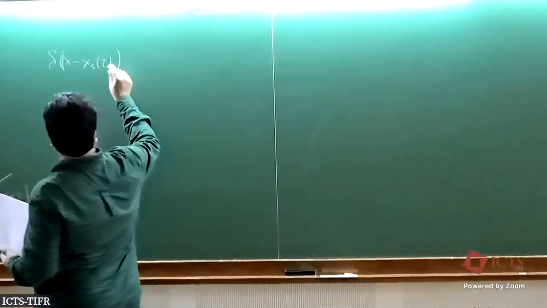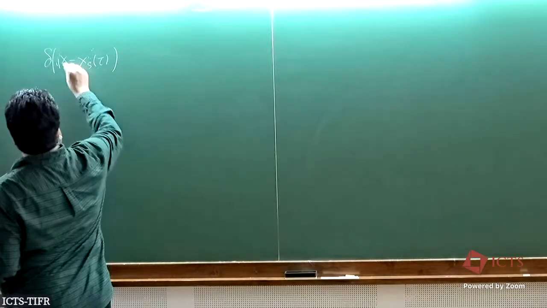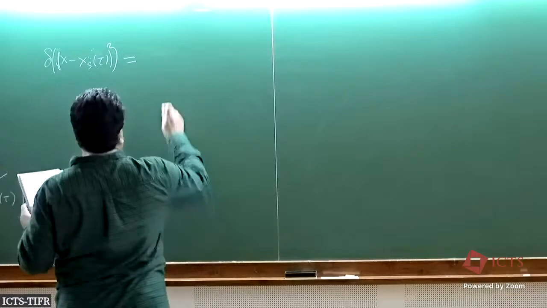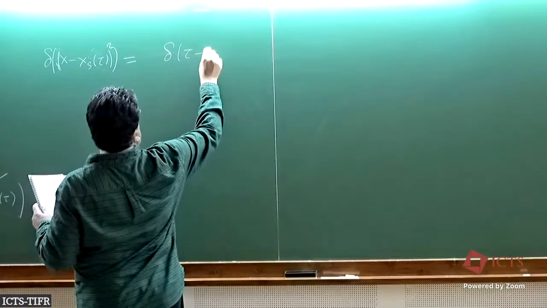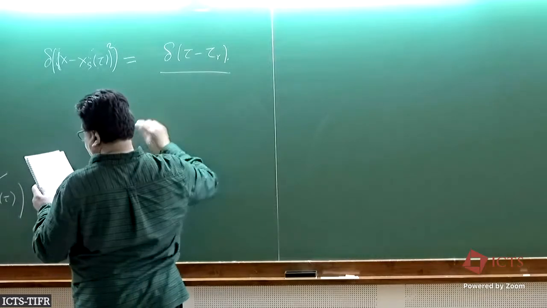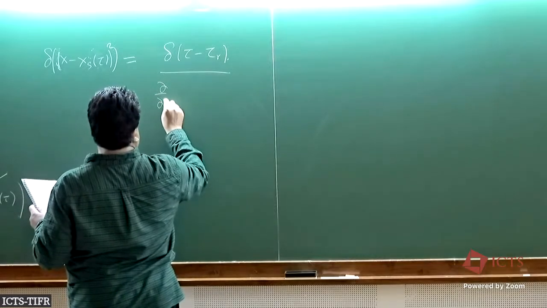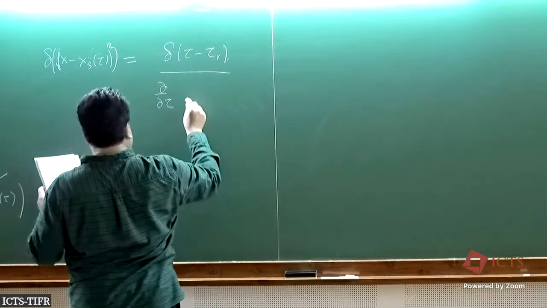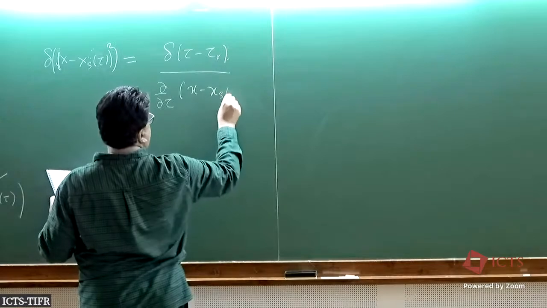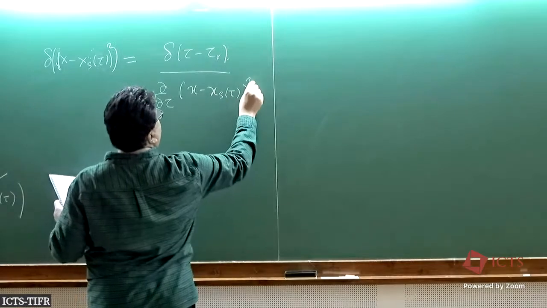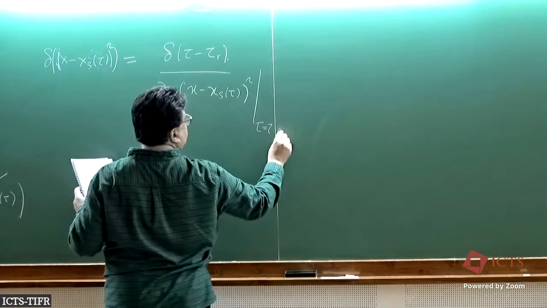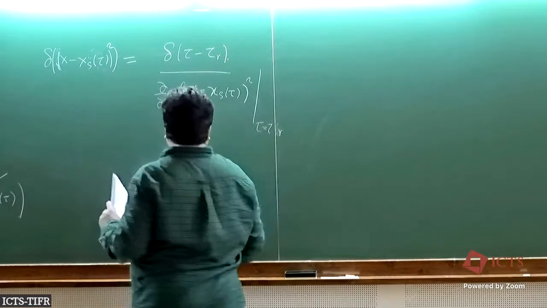So this is now delta of t minus t_r, I'll tell you what is t_r, divided by the derivative of the function, which is just the square, evaluated at tau equal to tau_r. So what is tau_r?